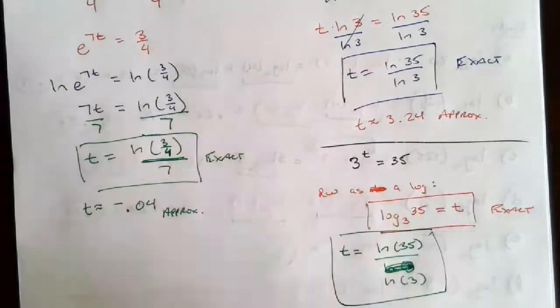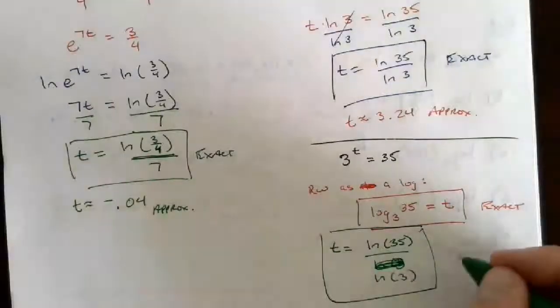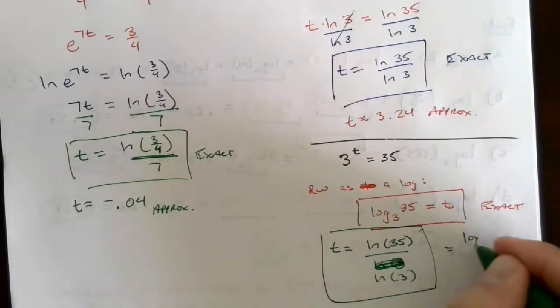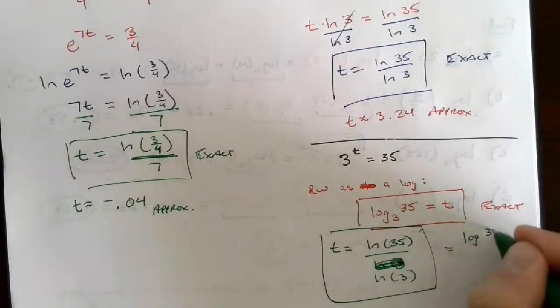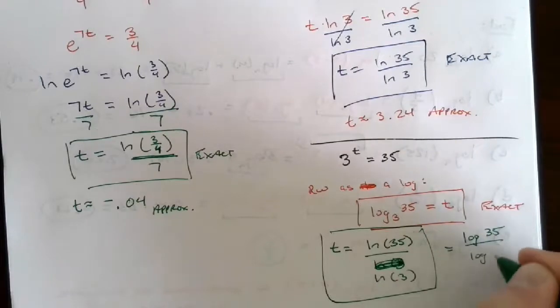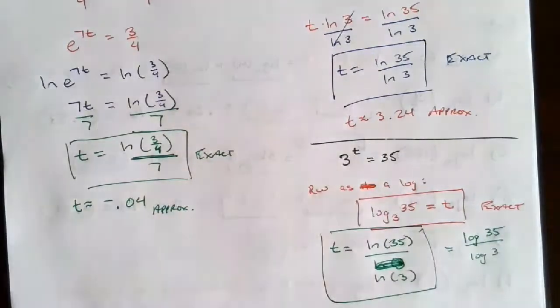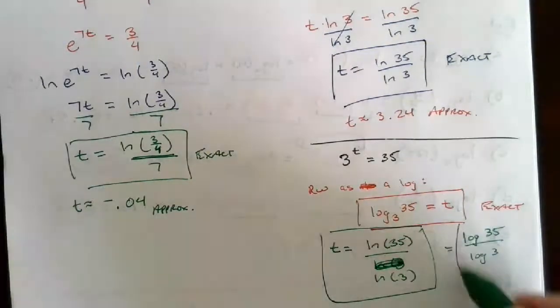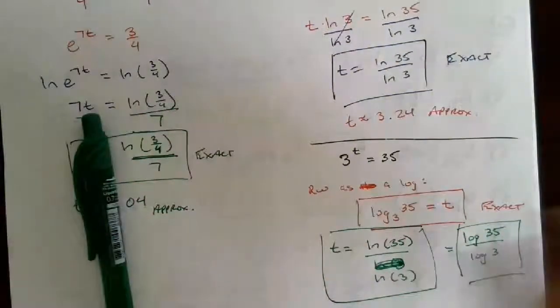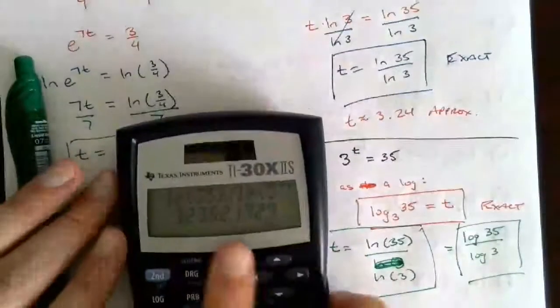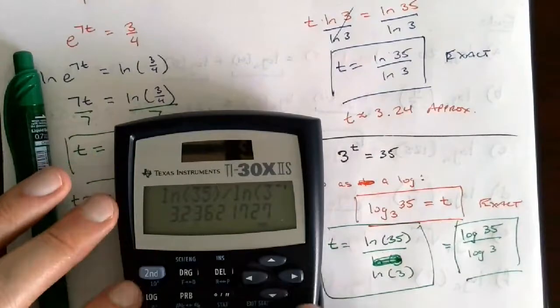That's how you get the change of base formula. So these are equivalent. It also would be equivalent if you did your change of base formula and just used log of the argument over log of the base. It's just using base 10. But these are equivalent values, and you could check that out, right? So we just got the natural log of 35 over natural log of 3.